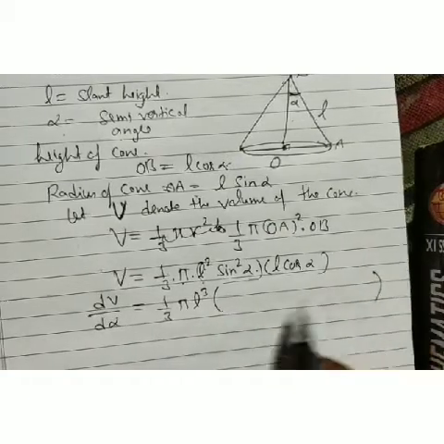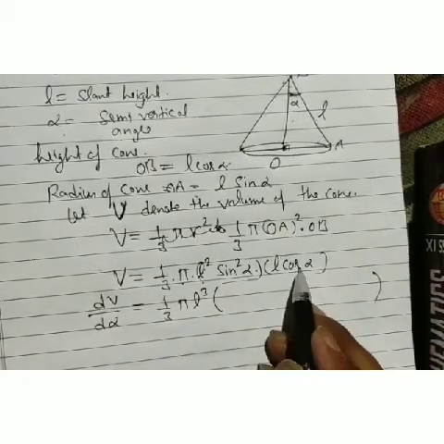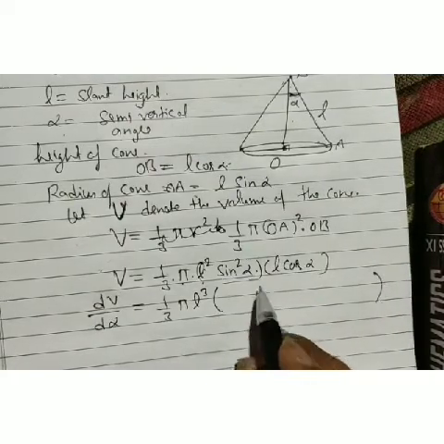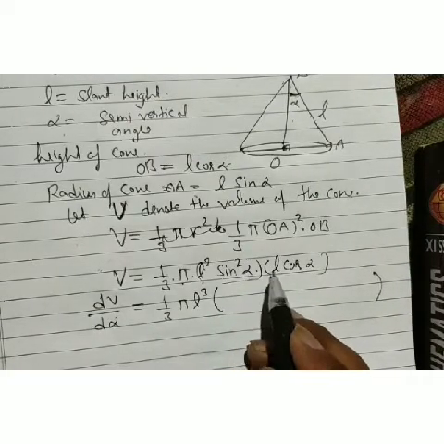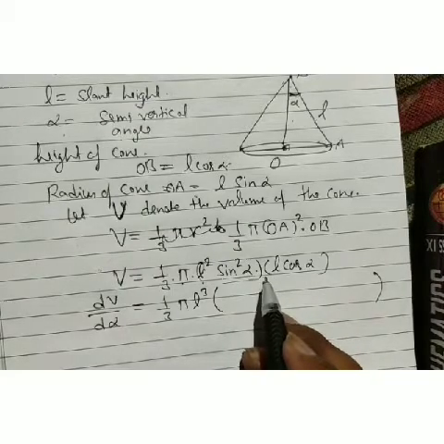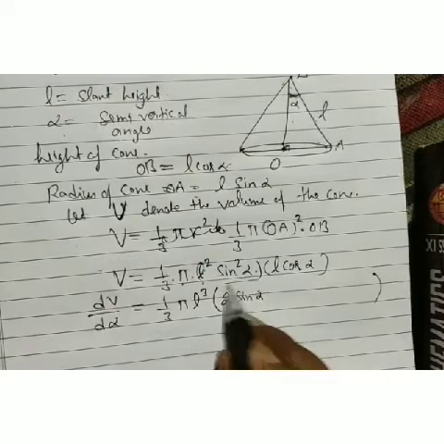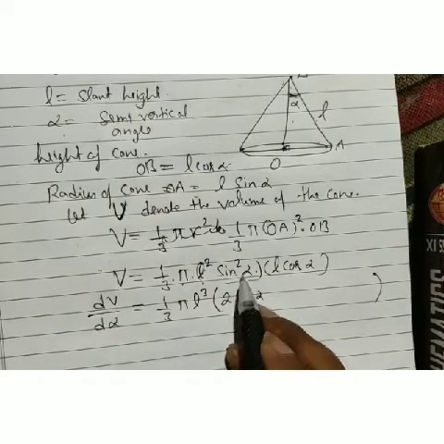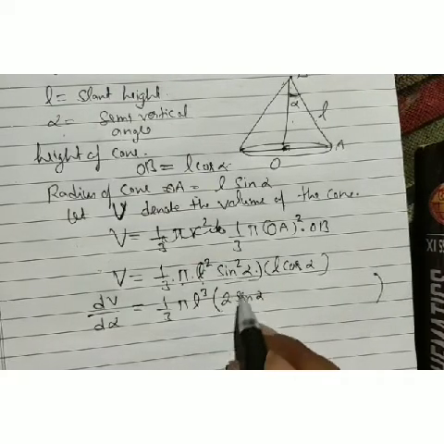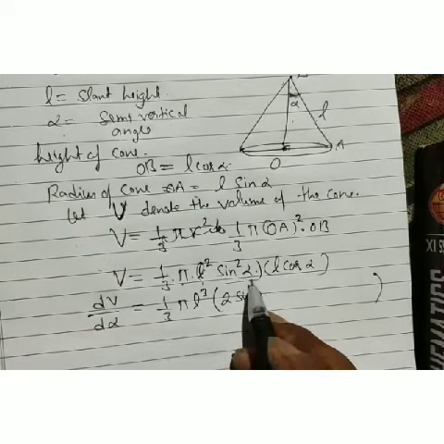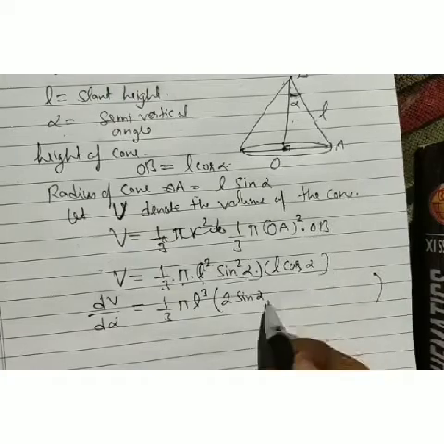Now we find the derivative of sine square alpha into cos alpha, in the f into g format. After derivative, what we get? We differentiate sine square alpha and get 2 sine alpha, and the derivative of sine alpha is cos alpha, into cos alpha.